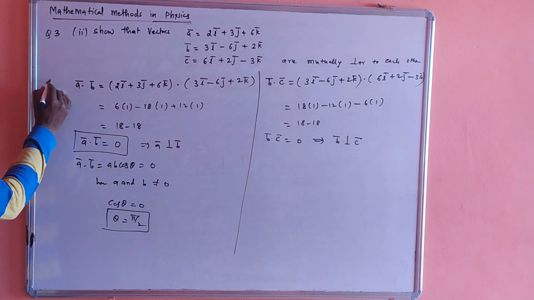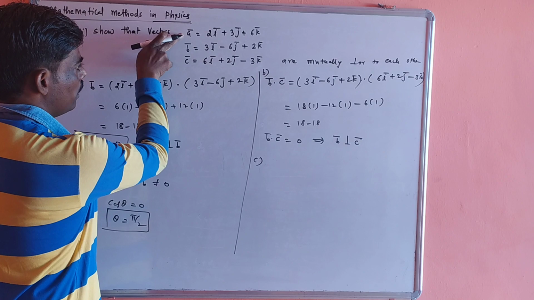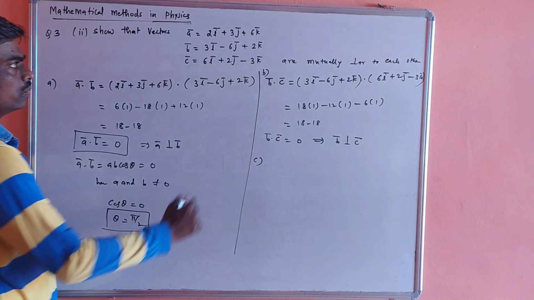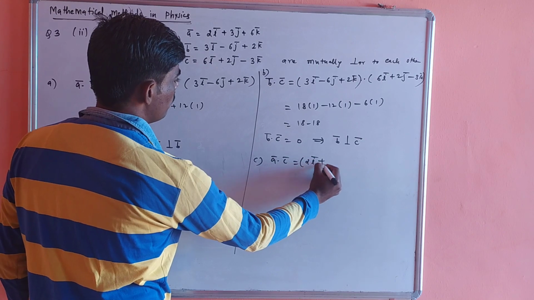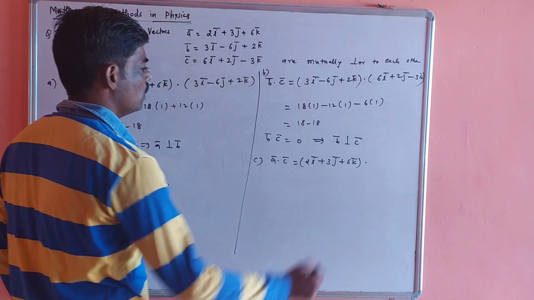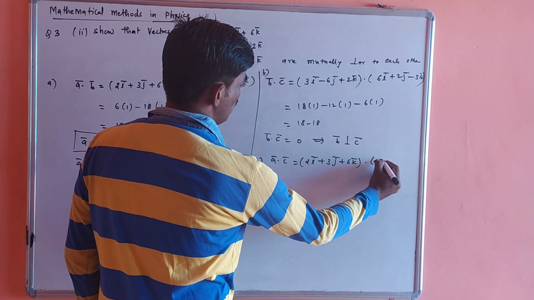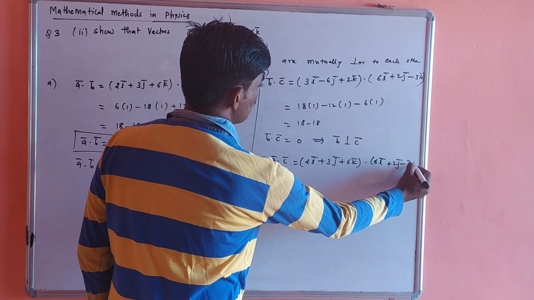Now third dot product is remaining here, A and C. So vector A dot vector C, 2i plus 3j plus 6k dot 6i plus 2j minus 3k.